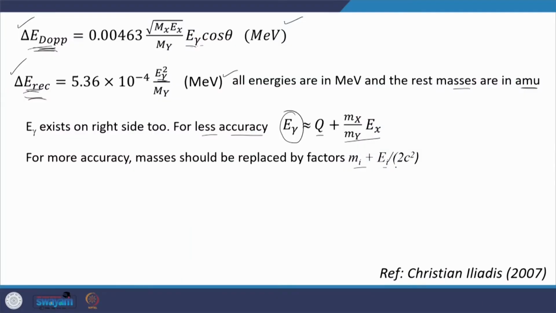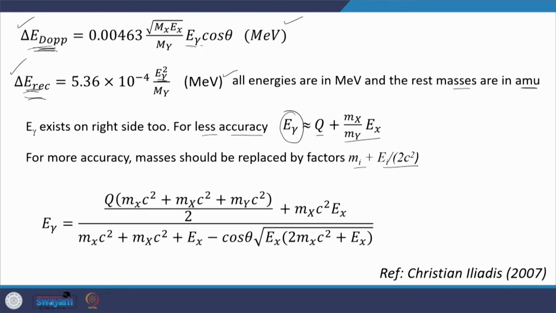Then replace the masses with the relativistic effects. Okay. This gives us the energy of the gamma, this kind of relation. Okay. So, one can derive after seeing these relations, and all this discussion is available in the textbook, which is one of the important references for this course, Nuclear Physics of Stars, that is Iliadis.